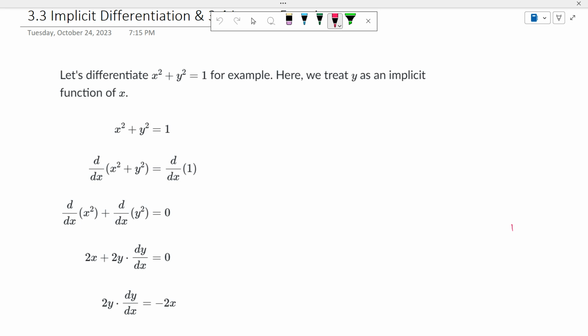So in terms of x, we're going to take the x derivative of everything. Okay, so we take the derivative of x squared and the derivative of y squared and the derivative of 1. Well, the derivative of 1 is 0. We know that. The derivative of x squared is just 2x. The derivative of y squared is 2y dy dx.